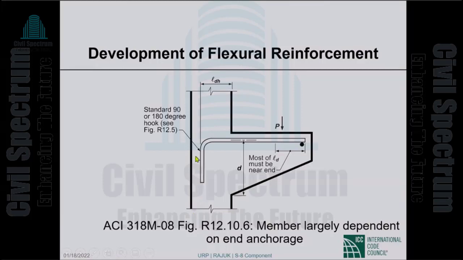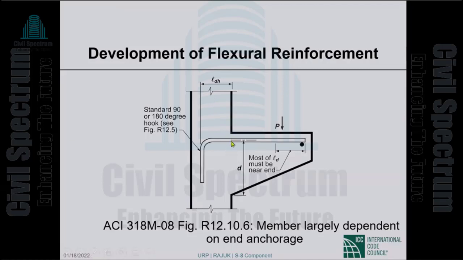So this reinforcing bar, first of all, at this face has to be fully developed, and that would require L sub DH. Okay? This is a hooked bar. And if we provide L sub dh from the face of the column up to the end of the hook, the bar is fully developed. So that is not a problem.